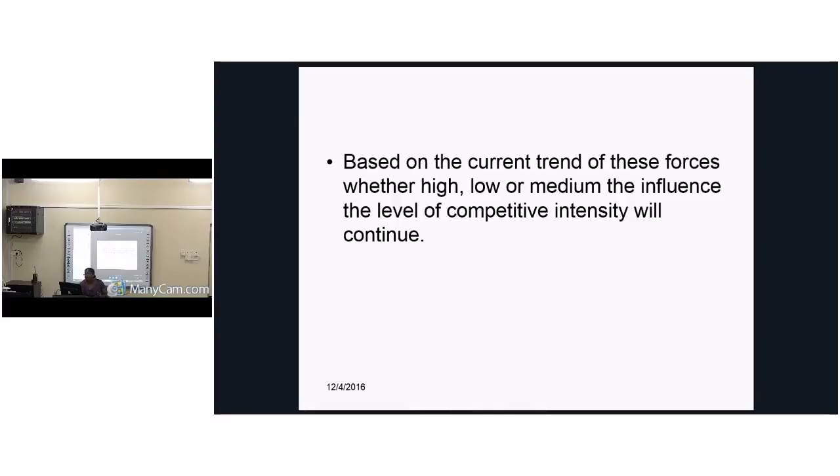So, based on the current trends of these 5 forces, the level may be high, medium or low. Sometimes the pressure of the new entrants will be high.